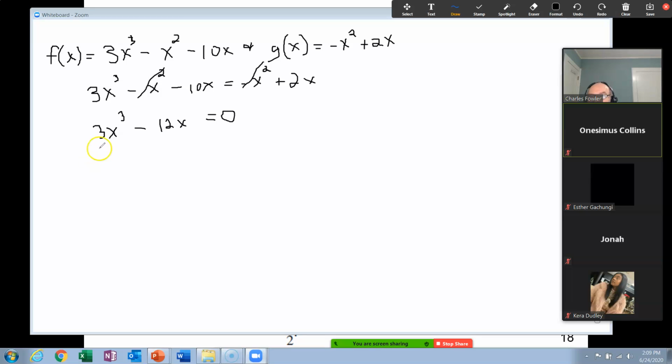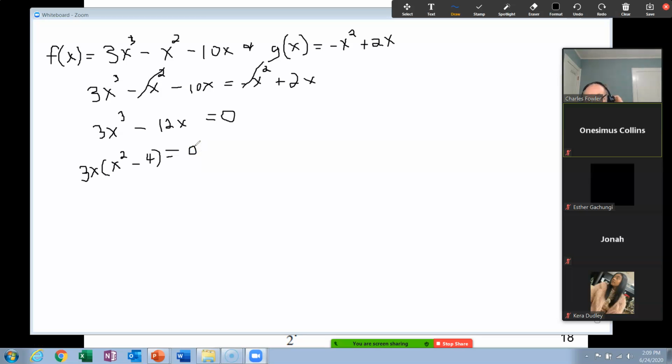Okay? So factor out the greatest common factor, which would be 3x. And what does that leave in the first term? x squared minus 4.